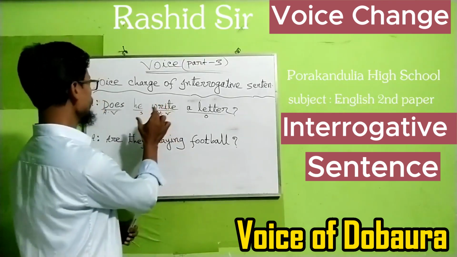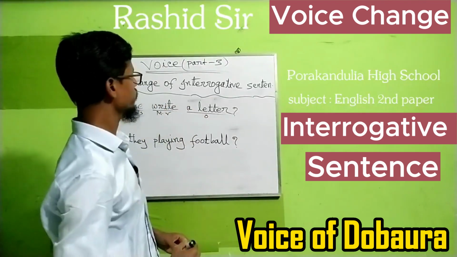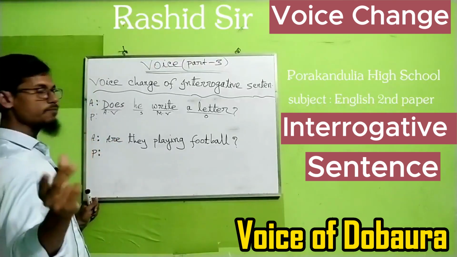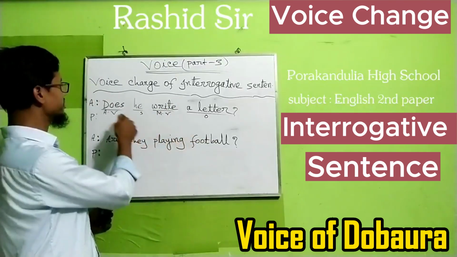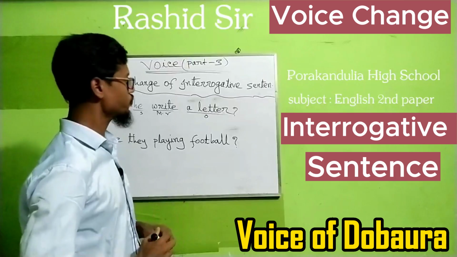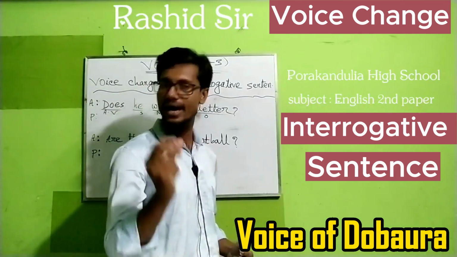If we want to change this sentence in passive, at first we have to take an auxiliary verb. Now I have to see what kind of tense it is. Does he write a letter? Does indicates that it is a present indefinite tense. So I have to take auxiliary verb am, is or are.